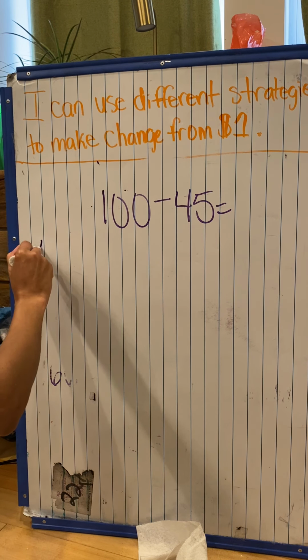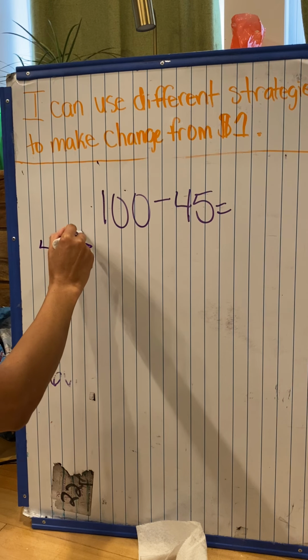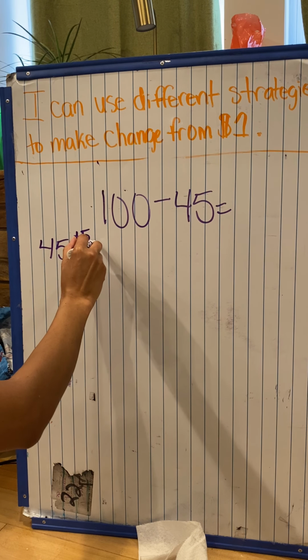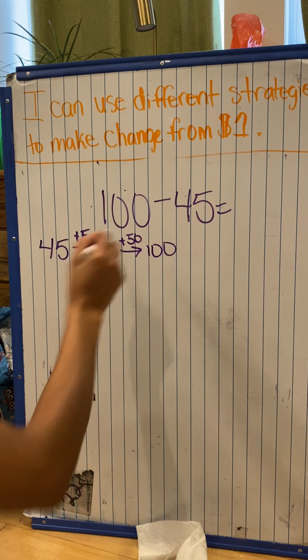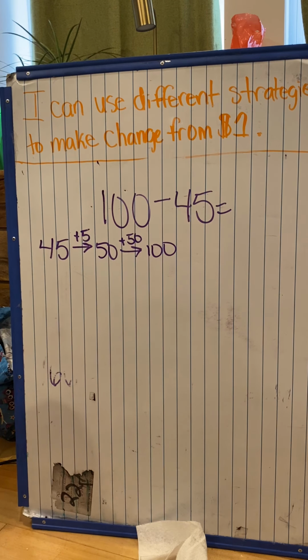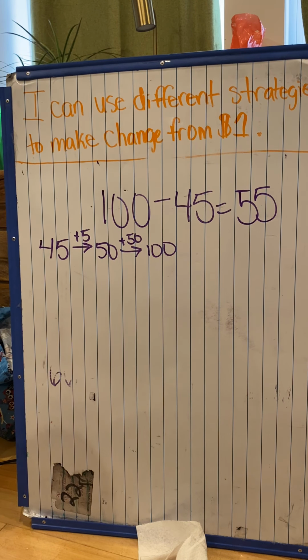Yep, you can start at 45 cents, add a nickel to make 50 cents. And then if you add 50 more cents, you're at 100 cents or $1. So 50 plus 5 equals 55. So you will get 55 cents in change back.